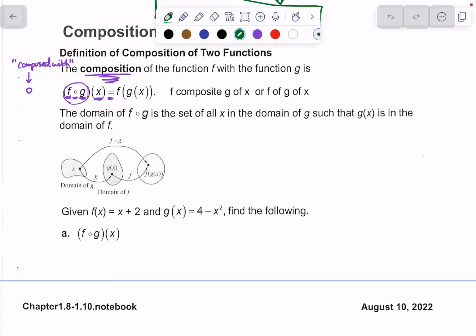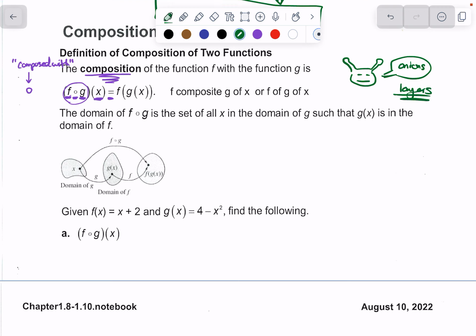You kind of want to think, this might be a little far-fetched here, but think like Shrek. Think like an ogre. What do ogres love? Onions. Onions have layers, right? So functions have layers.